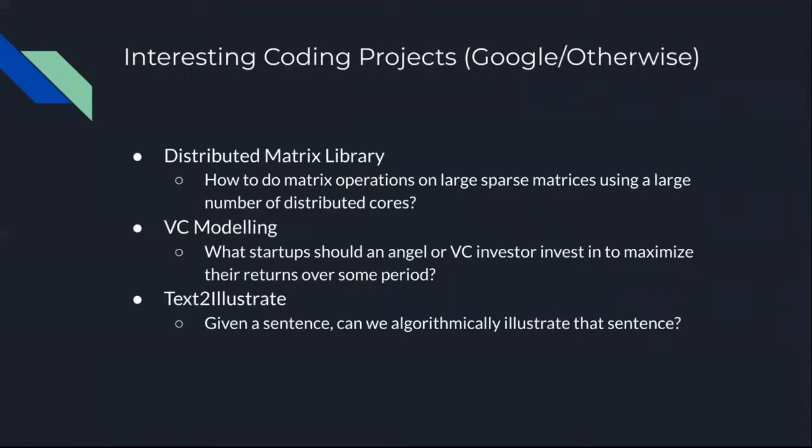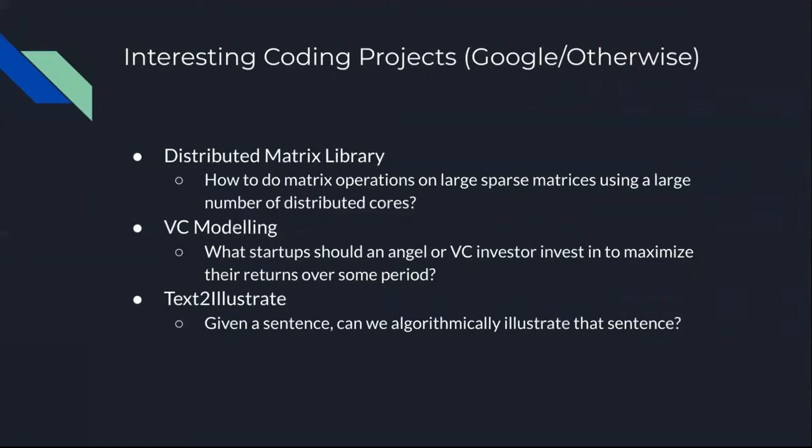Some interesting coding projects I've done either at Google or otherwise include a distributed matrix library. At some point you might hear of an execution framework called MapReduce. If anyone's ever heard of it, I don't know if you have, it might be a bit advanced, but I did a library to compute things using that.